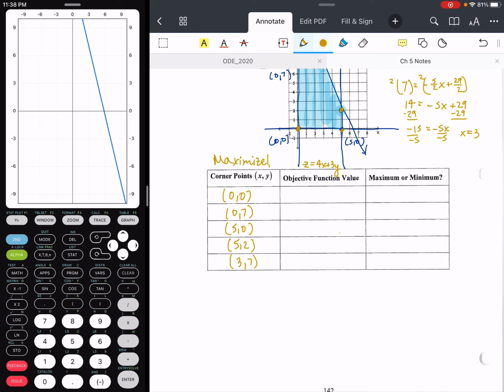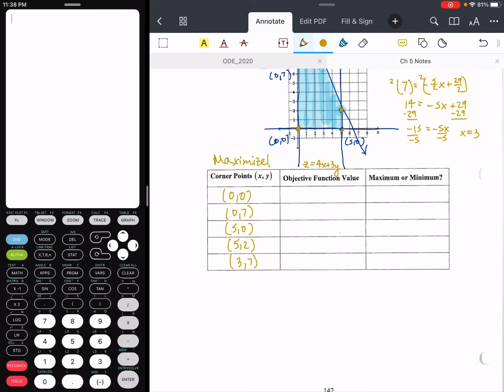So let's go ahead and evaluate the objective function at all those corner values. So 4 times 0 plus 3 times 0 is obviously 0. 4 times 0 plus 3 times 7 is 21. 4 times 5 plus 3 times 0 is 20. 4 times 5 plus 3 times 2 is 26.